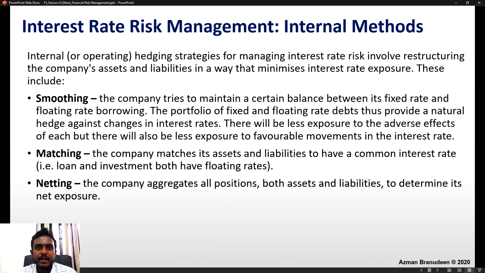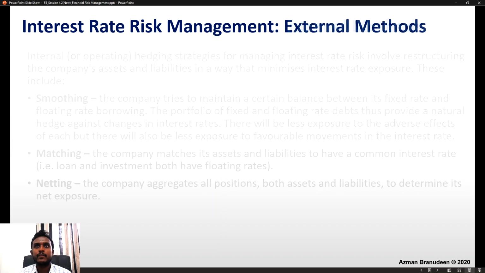Netting is where the company aggregates all the positions, multiple positions, both assets and liabilities, to determine its net exposure. So these are the three simple approaches. Interest rate risk management is not a heavy duty area in terms of technical terms, but it is important that you have a fairly decent understanding of how all this works.